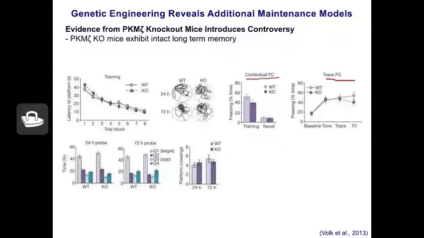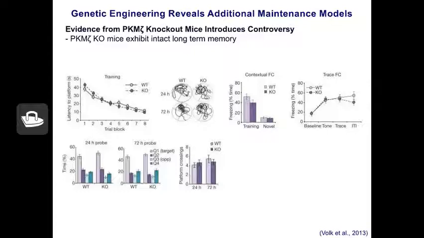So since the protein kinase M-zeta knockout mice did just as well as the wild type mice in late LTP maintenance and in learning tests, Volk and colleagues concluded that protein kinase M-zeta must not be the mechanism that underlies late LTP maintenance.